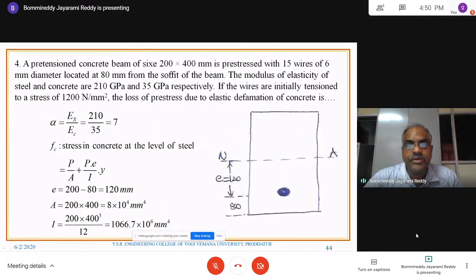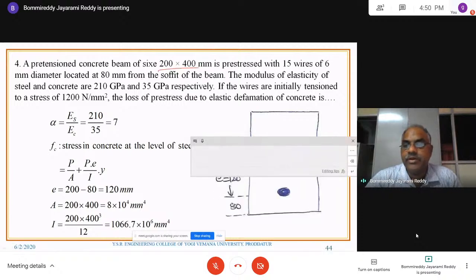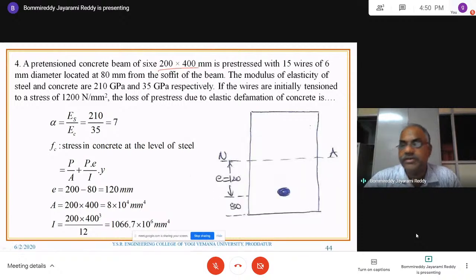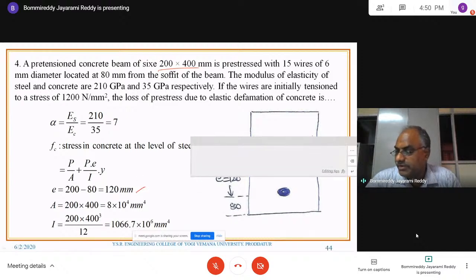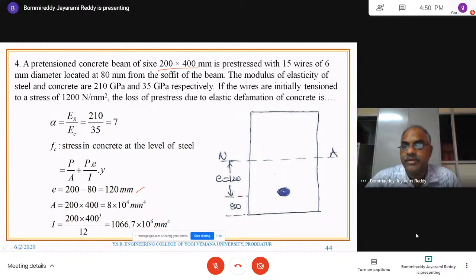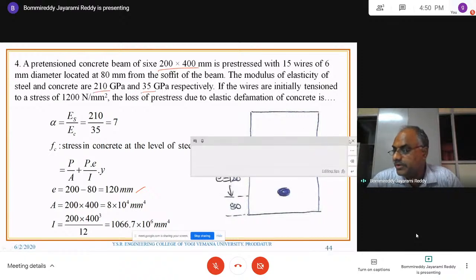Now, a pre-stressed concrete beam of size 200 by 400 mm is pre-stressed with 15 wires of 6 mm diameter located at 80 mm from the soffit. 80 mm from the soffit means eccentricity is not 80, it is something different, which is 120 mm. The modulus of elasticity of steel and concrete are 210 and 35 respectively.